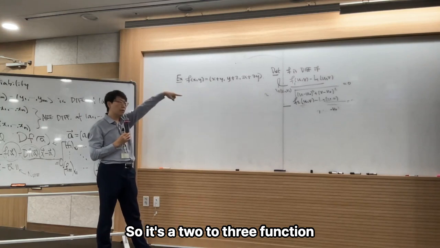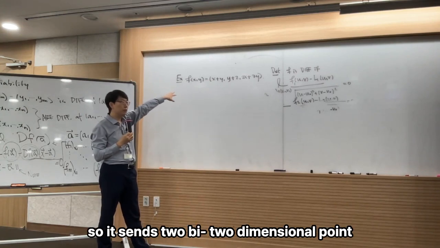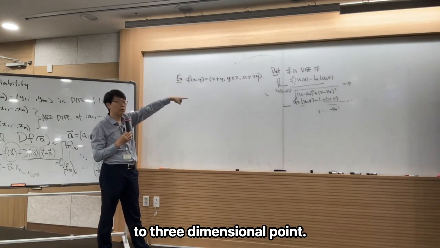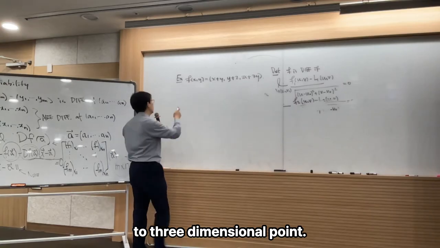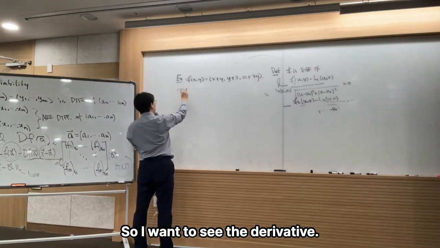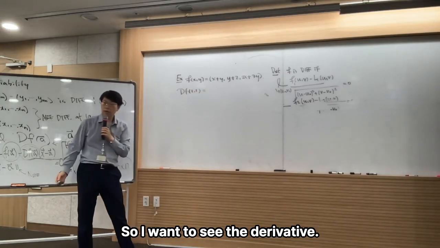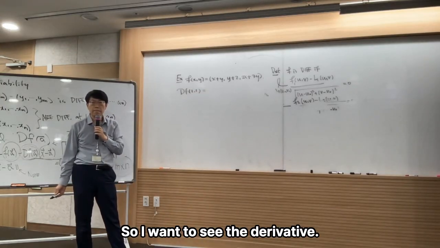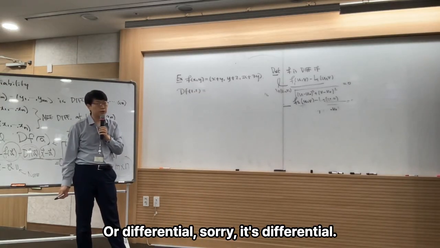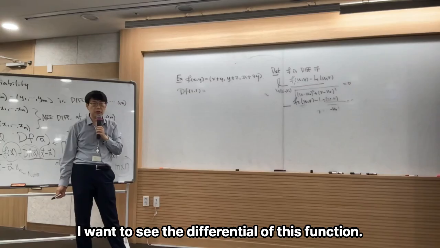So it's a 2 to 3 function. It sends a two-dimensional point to a three-dimensional point. So I want to see the derivative, or differential, sorry, it was differential. I want to see the differential of this function.